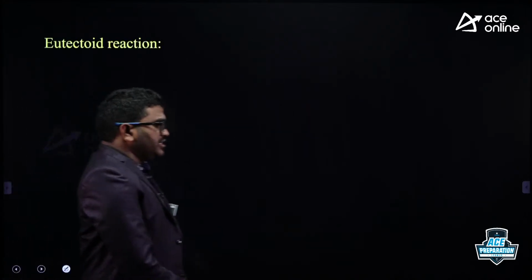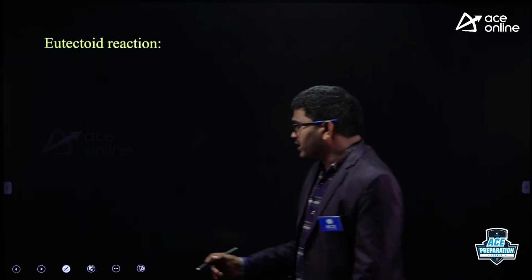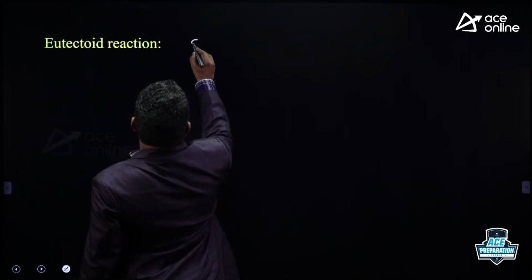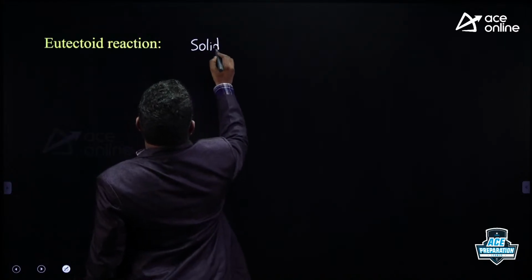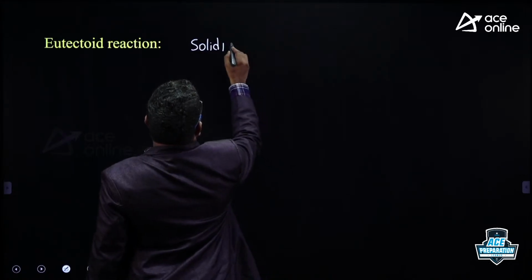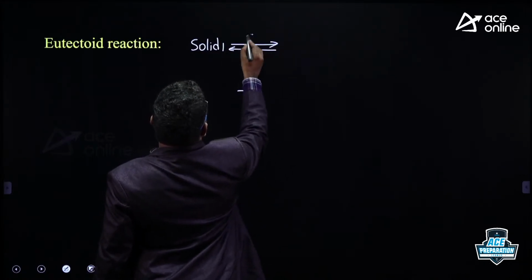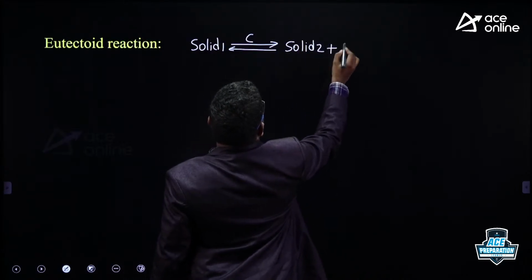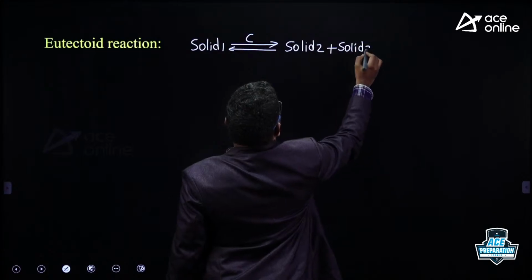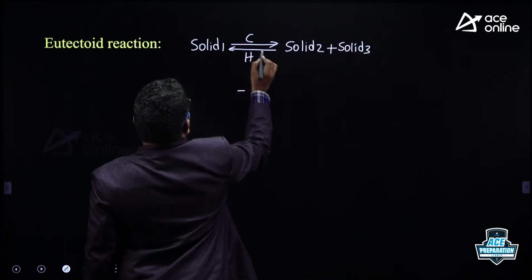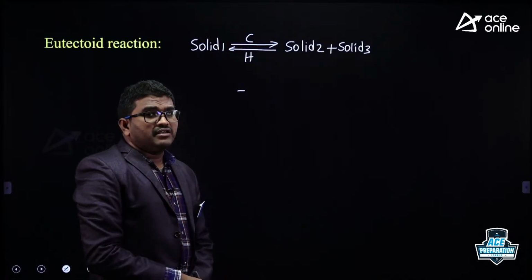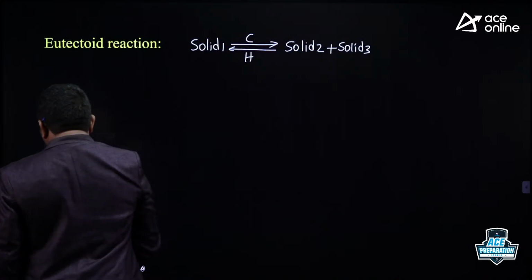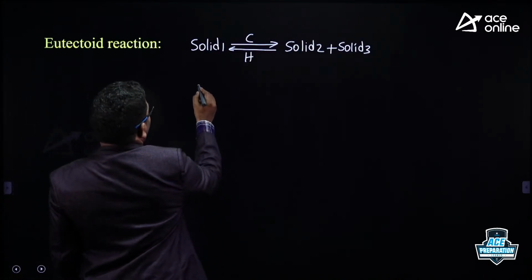Next, the second reaction is eutectoid reaction. You should remember the definition of eutectoid reaction. What is eutectoid reaction actually? One solid upon cooling transforms into two different solid phases, solid 2 and solid 3. Otherwise, two solids upon heating transform into another solid. This reaction is present in iron cementite phase diagram at 0.8% of carbon.